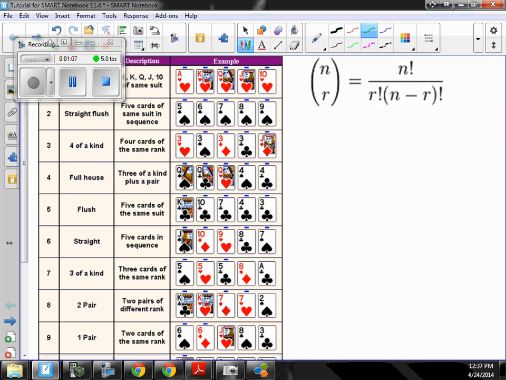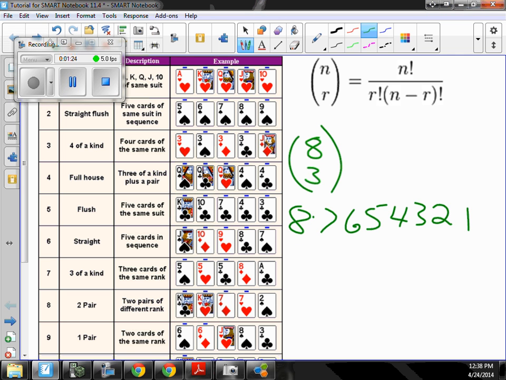So if I had 8 choose 3, so I have 8 books and I get to take 3 to school. It's a combination. How many possibilities are there? Well, 8 times 7, 6, 5, 4, 3, 2, 1. And I divide that by 3 times 2 times 1 times the difference between n and r, which is 5.